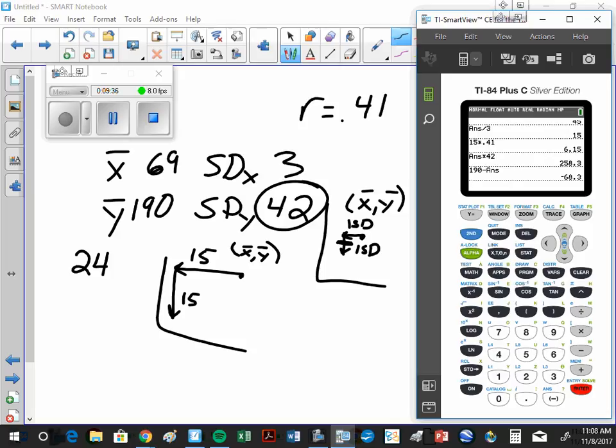Now, could there really be an outlier that's 15 SDs away? No. If there was, then it would absolutely ruin the SD. Right? So if we had this football in there and we put a point right there, the SD would not be 42.